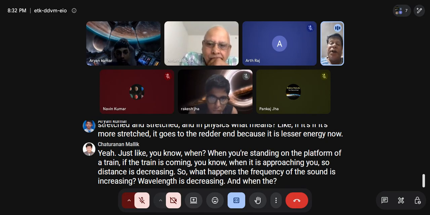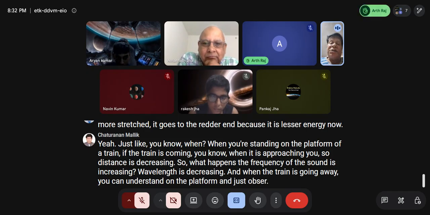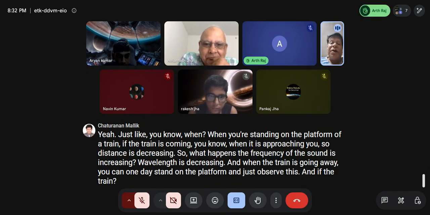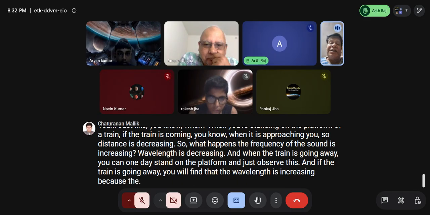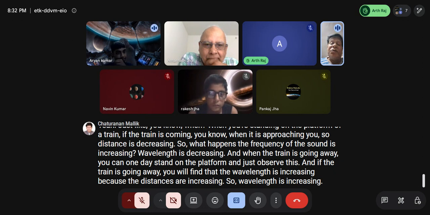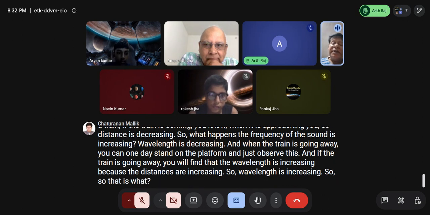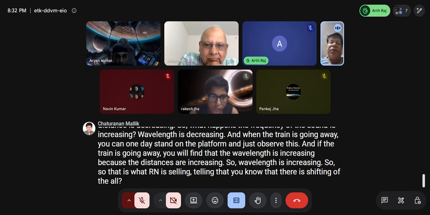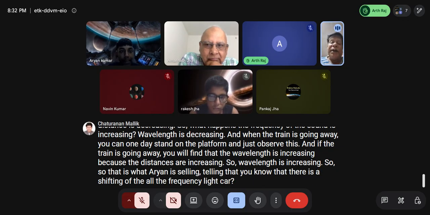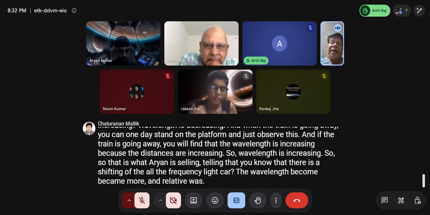And when the train is going away, you will find that the wavelength is increasing because the distances are increasing. So that is what Aryan is telling: there is a shifting of all the light towards red, which means the wavelength became longer and there was redshift.